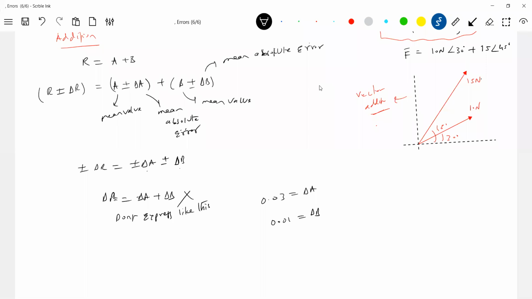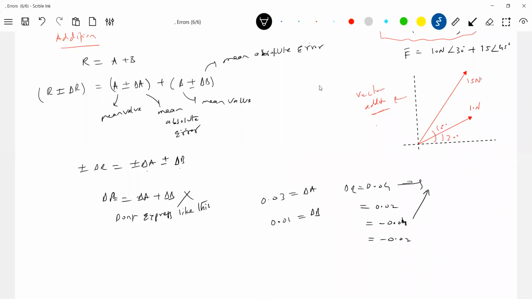I think there are three possibilities. If I add both, 0.04, that is one value. If I take the difference, another value is 0.02, and another is minus 0.04. Tell me which one you are going to pick up. You are going to pick these two.